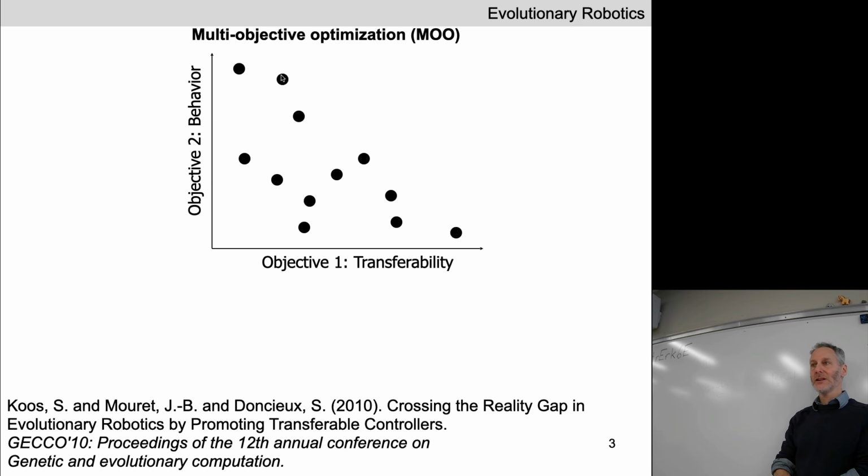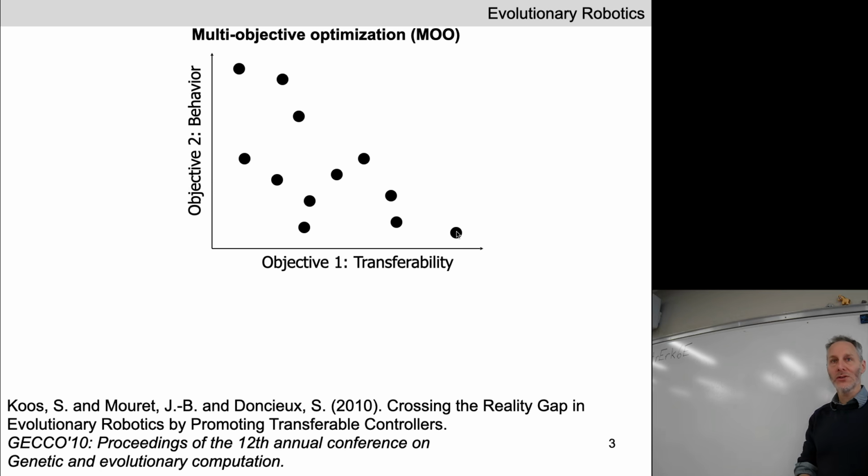Who's good, who's bad here? The bad ones are probably the ones on the edges. Which edge? Either edge. Like the one that's really, really transferable, but has bad behavior. So this is an extrema, right? This particular controller is really good at one thing and really bad at the other.